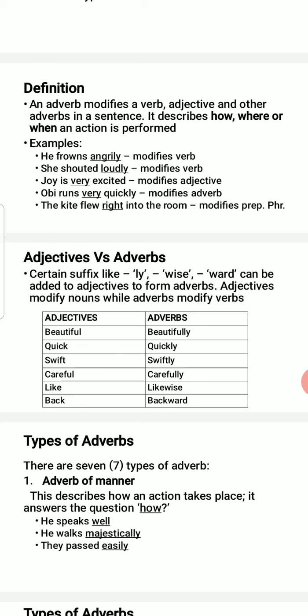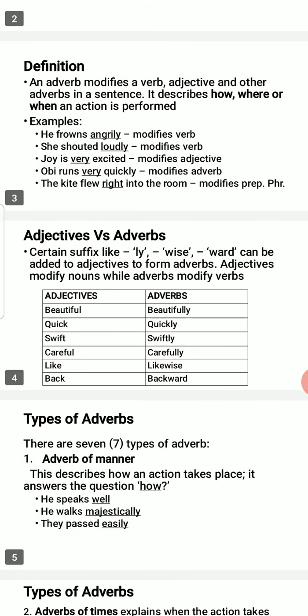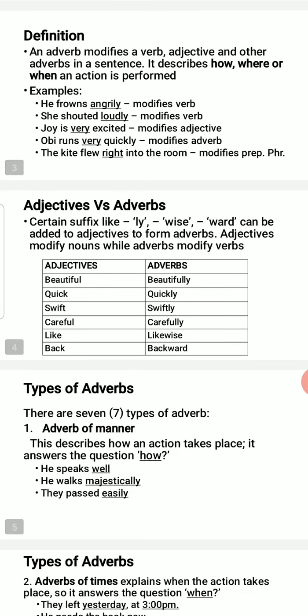In this sentence, we may just say joy is excited, and when we say that, excited there means an adjective. But by placing very before excited, we have brought in an adverb to modify the adjective excited. And thus we have the sentence, joy is very excited. Very modifies excited. So very is the adverb.